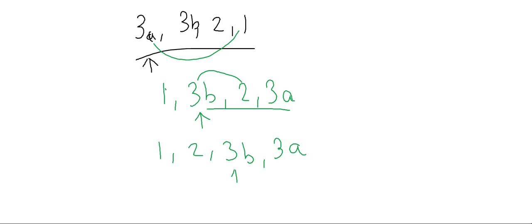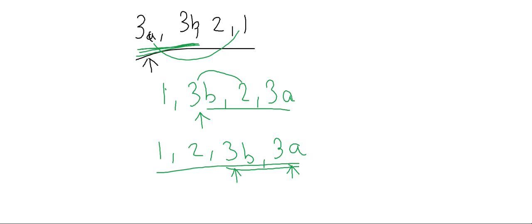And then the rest will swap with themselves. So the resulting array is this. Now if you notice here, the order of these duplicate elements was 3a and 3b. That order has been changed when we sorted our array using the selection sort.